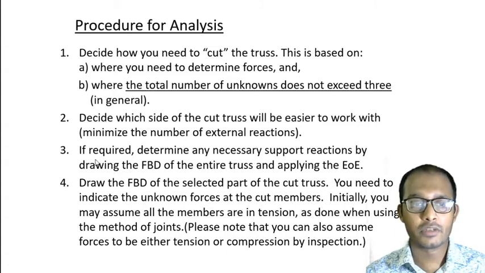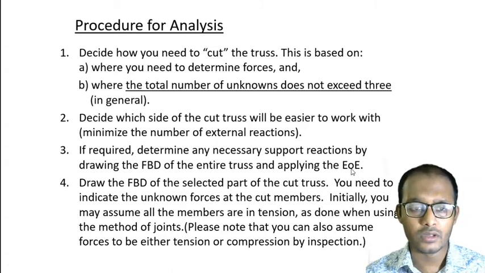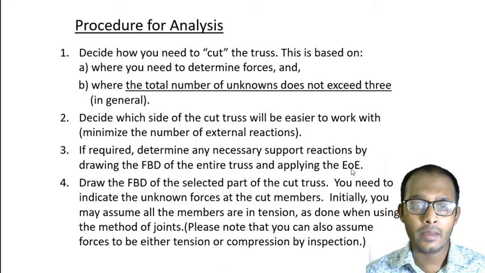Number 3, if required, determine any necessary support reactions by drawing the free body diagram of the entire truss and applying equilibrium equations. Actually, not if required, it will be required. So I should change that word. You need to find out the reaction forces if there are any available.